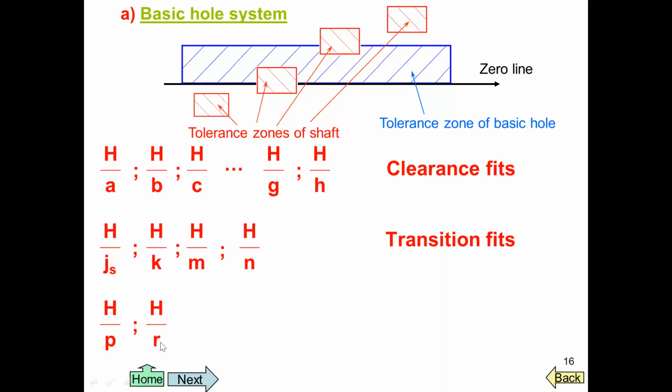After p, you have r. So you have H over r, H over s, H over t, H over u. They are interference fits.